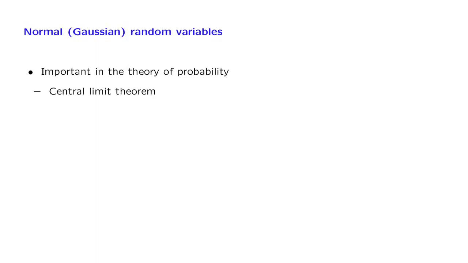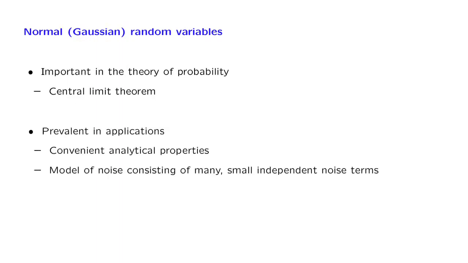They have some nice analytical properties, and they are also the most common model of random noise. In general, they are a good model of noise or randomness whenever that noise is due to the addition of many small independent noise terms, and this is a very common situation in the real world.